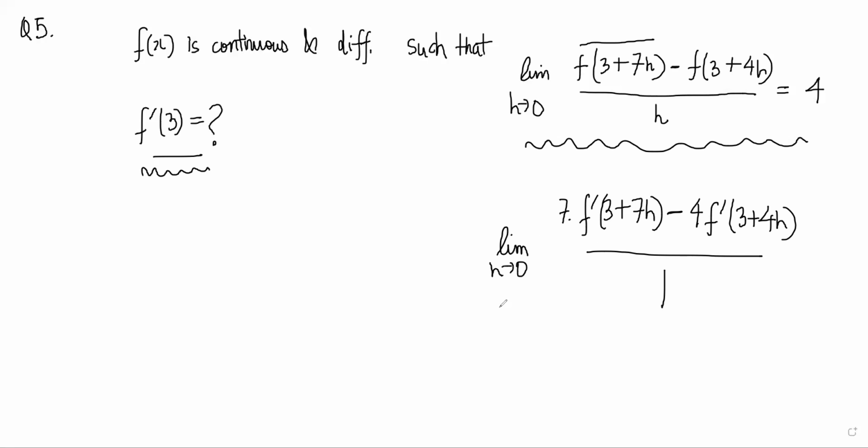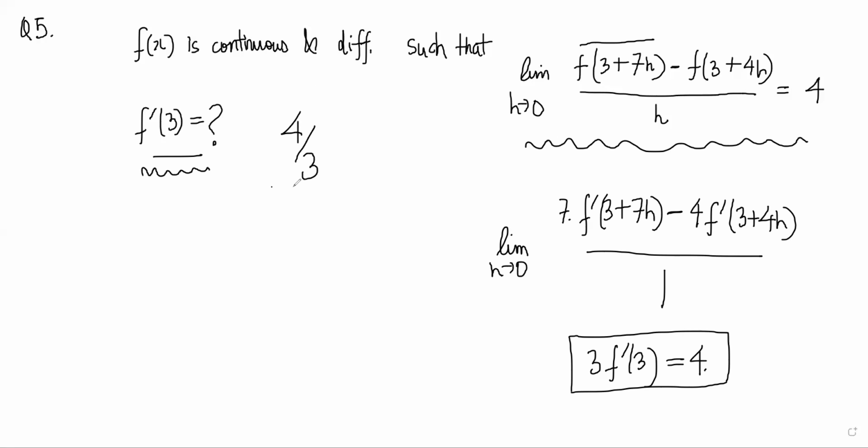Oh, wait. Okay. It is 3 times f dash 3, no? Right, right. You'll get 4 by 3 directly from there, correct? Yes. Okay.